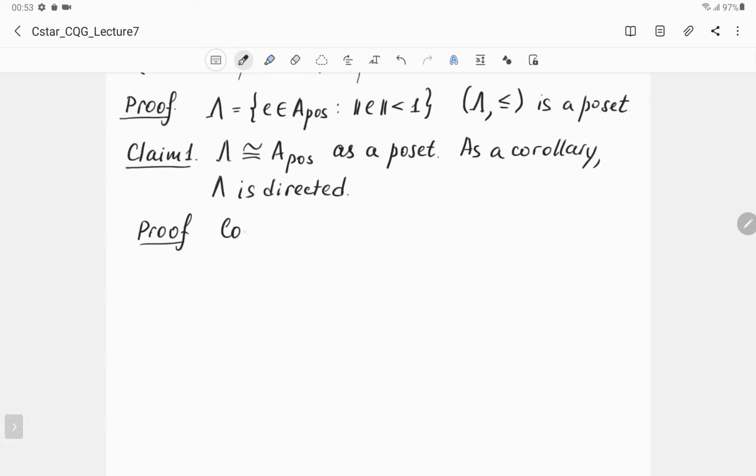Okay, so to show that lambda is isomorphic to the positive cone, we consider the special case where A is the field of complex numbers. So in this case, lambda is just the half-open interval [0, 1), and the positive cone is the positive half line. And it's very easy to construct an order-preserving bijection between these sets. So we consider the following function phi. Let me draw the graph of this function.